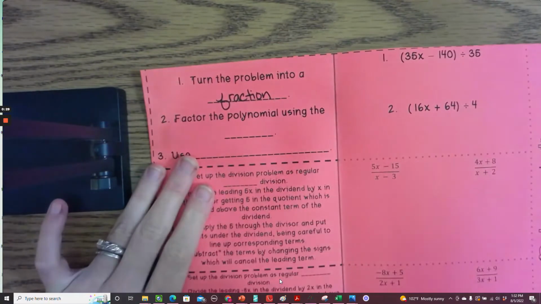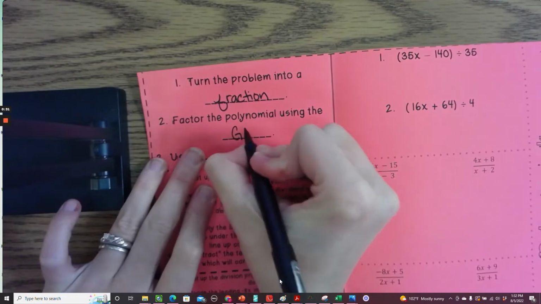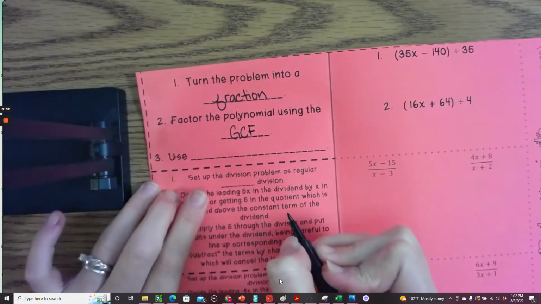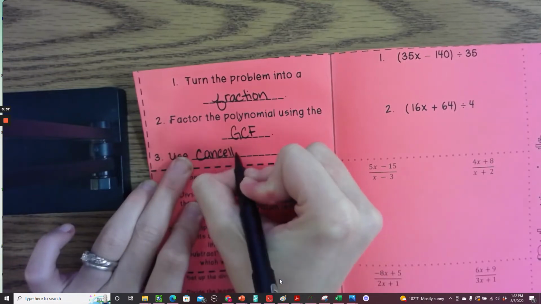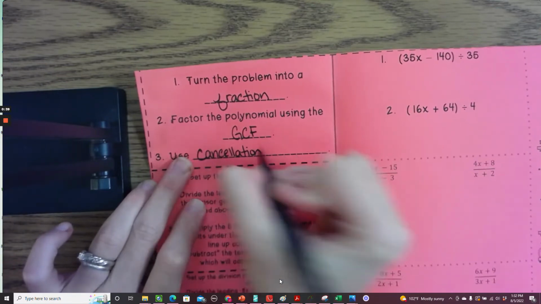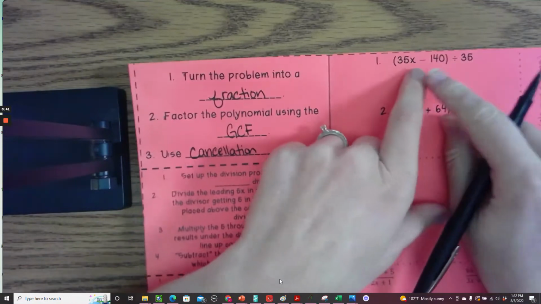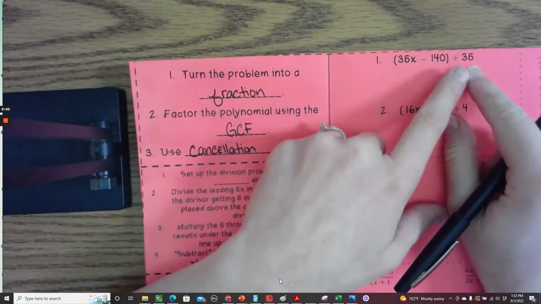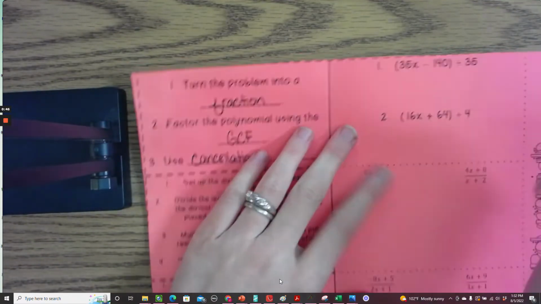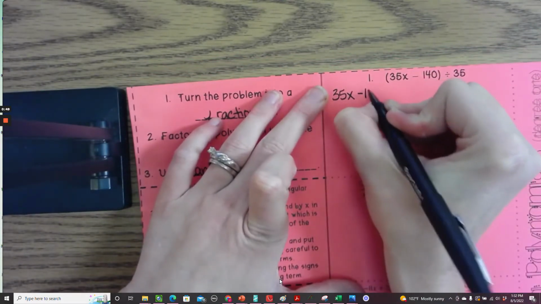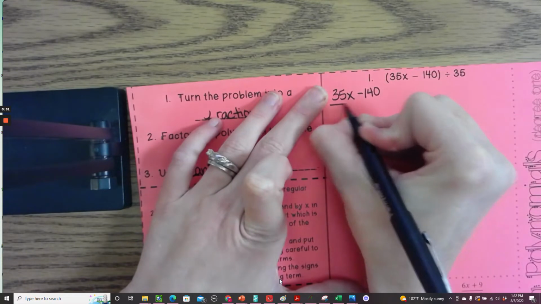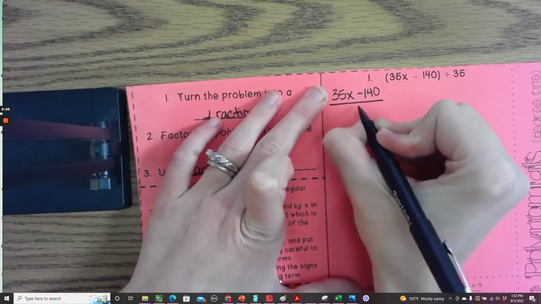We're going to factor the polynomial using the GCF, and then we're going to use cancellation. So turn it into a fraction: 35x minus 140 on the top, divided by 35.